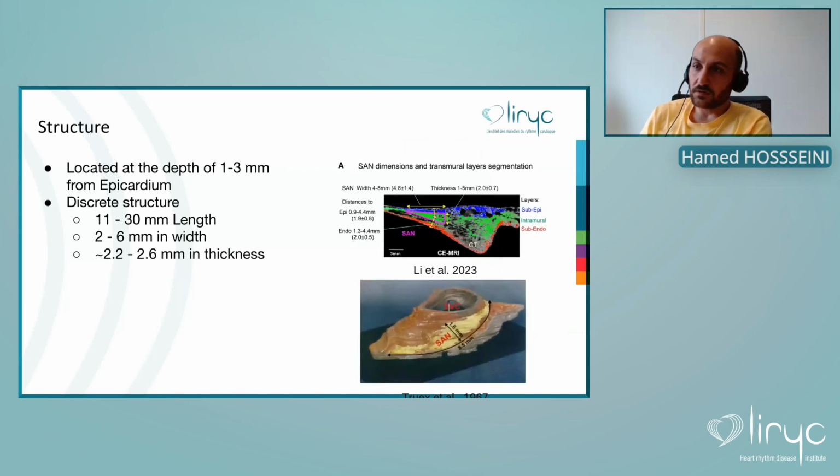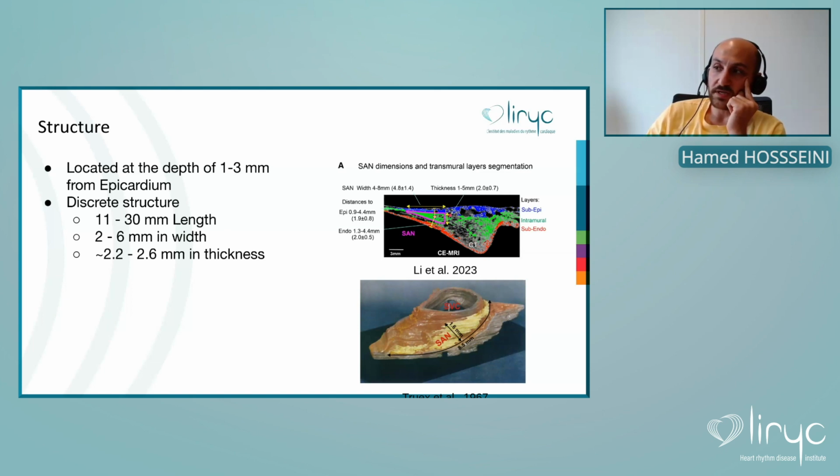So it is actually an intramuscular 3D structure, the SA node, and it is located in the depths, from 1 to 3 millimeters from the epicardium. It is somehow discrete, and you can see the difference. This is one of the pictures from the last paper. As you can see, the width of the SA node is different in different parts of the atria.